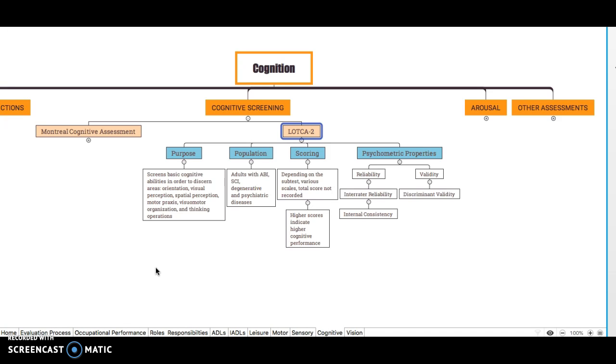And it is for adults with acquired brain injury, spinal cord injury, and degenerative and psychiatric diseases. The scoring depends on the subtest that you use, but the total score is not recorded. Higher scores indicate higher cognitive performance within the subtest, and the psychometric properties are as seen below.